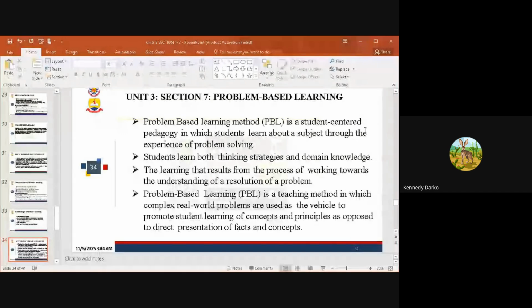Problem-based learning is a teaching method in which complex real-world problems are used as the vehicle to promote student learning of concepts and principles, as opposed to direct presentation of fact and concept. That is problem-based learning.